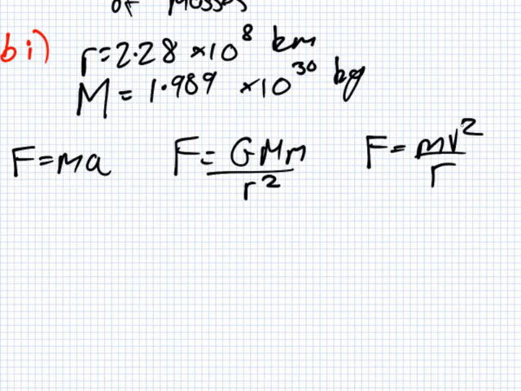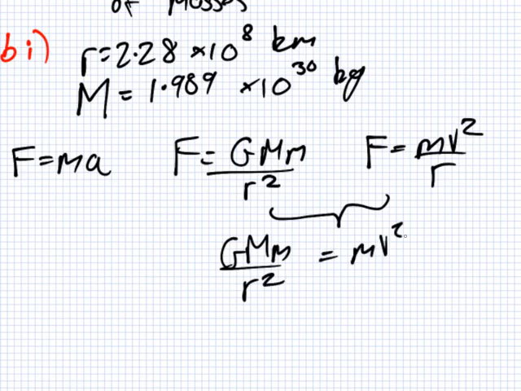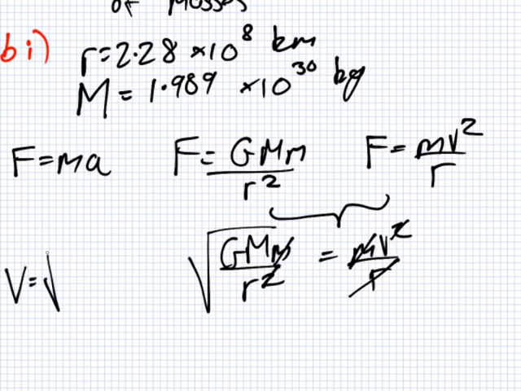If I put the second and third together, I get GMM over R squared equals MV squared over R. They're looking for speed. That cancels, and then square root. So V is equal to the square root of GM over R. Easy, because now we know the G, the M, and the R.